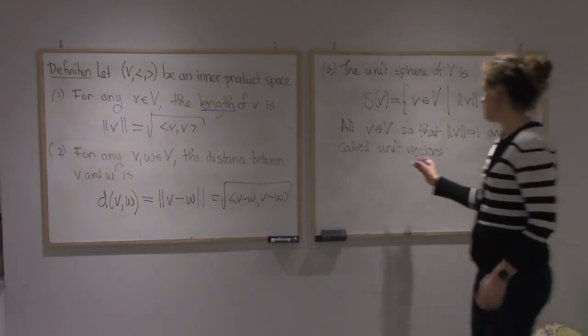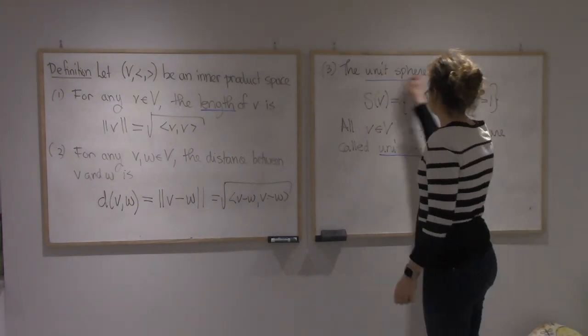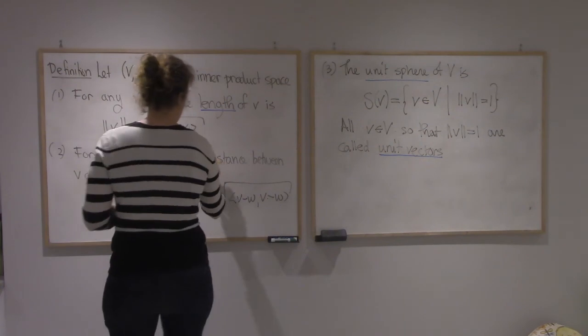So I have unit vectors, I have unit sphere, and I have length, and I have distance.